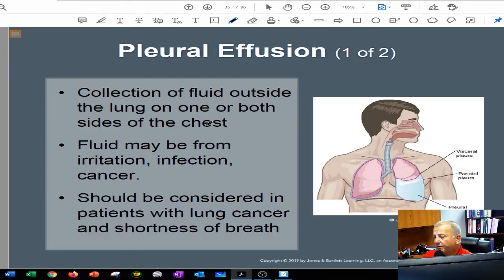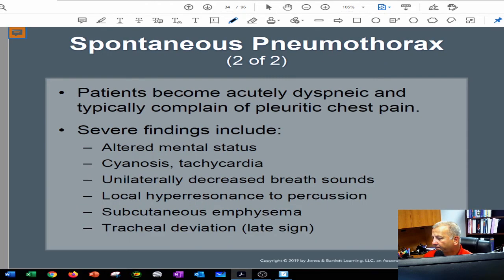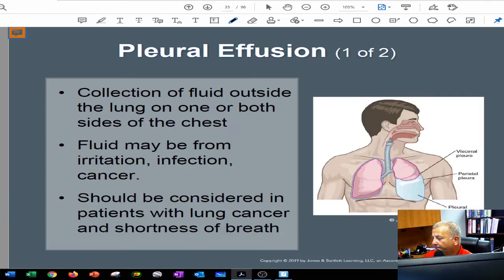Here's a pleural effusion. Sorry, one second. A pleural effusion, the collection of fluid outside of the lung on one or both sides of the chest. Patients usually present with decreased breath sounds.